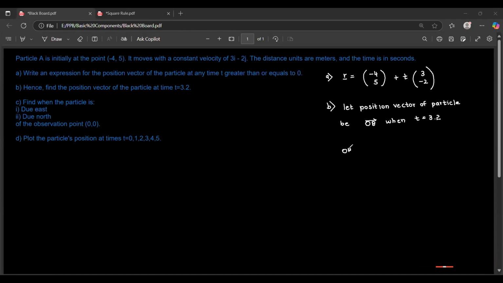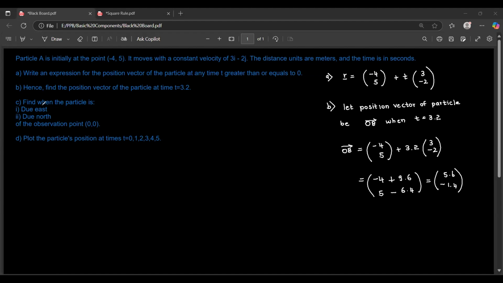Then OB equals (-4, 5) plus 3.2 times (3, -2). So the answer will be (-4 plus 9.6, 5 minus 6.4), which can be given as (5.6, -1.4). That's it. Now we can go to the third question.